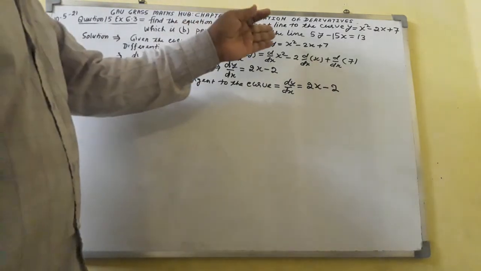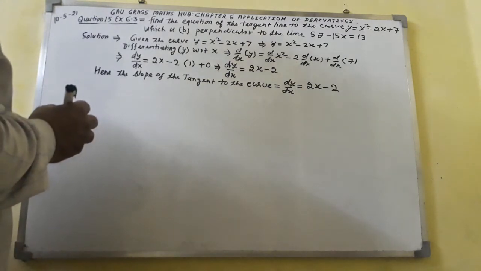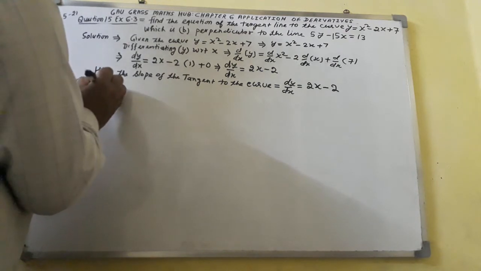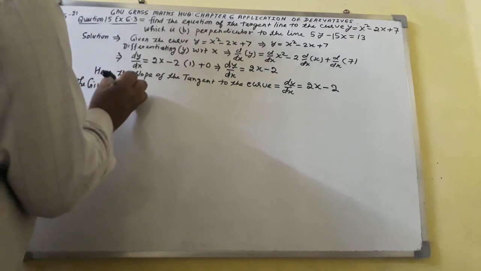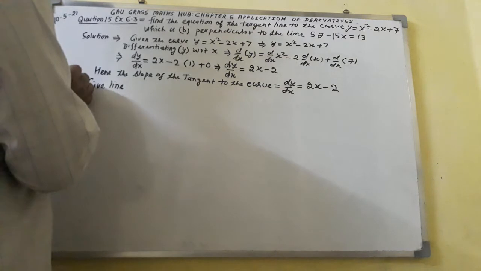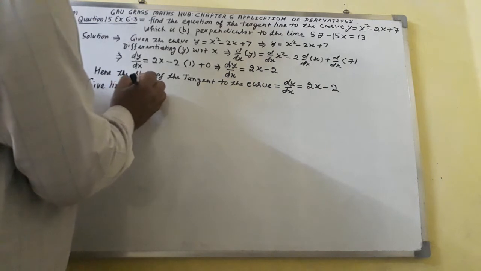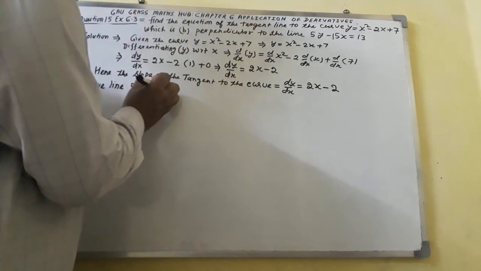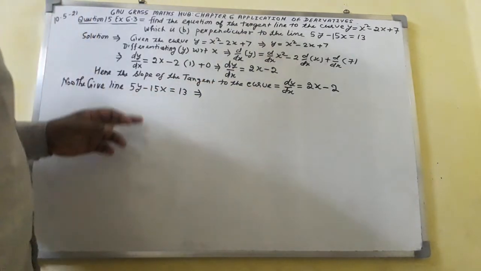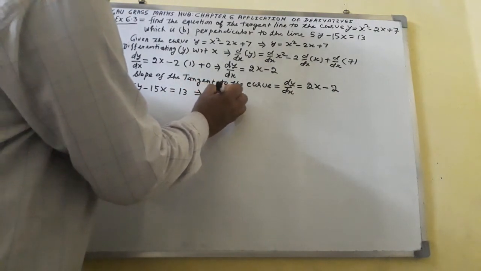Now I shall discuss about the line. So here I shall write, the given line 5y minus 15x equal to 13, implied that 5y equal to.